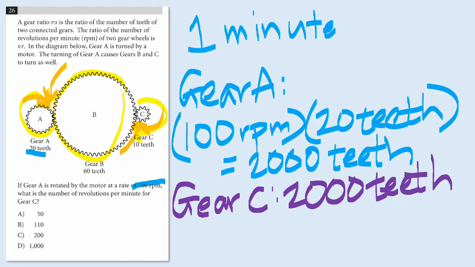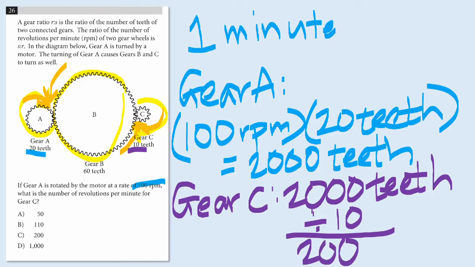And it has 10 teeth, so if we divide by 10 teeth per revolution, we'll get a total of 200 revolutions in that 1 minute.